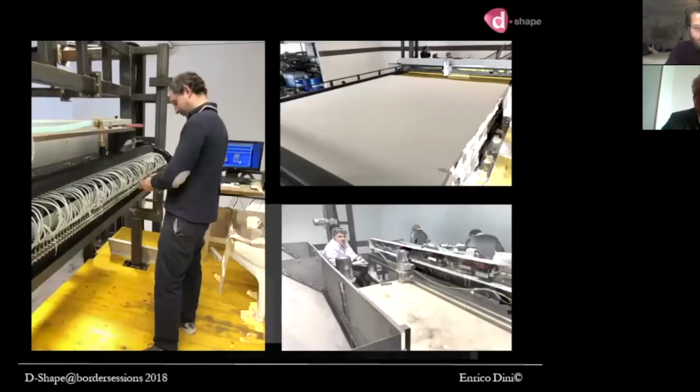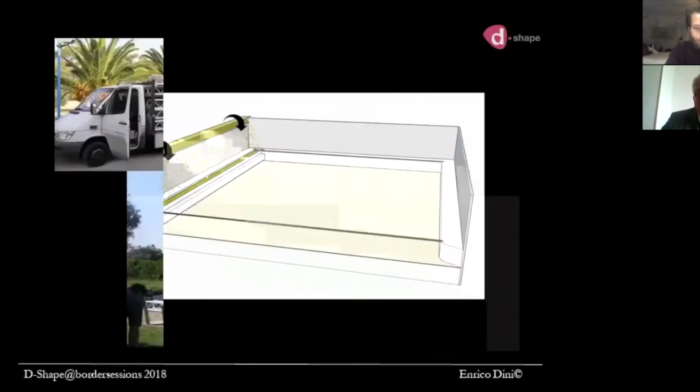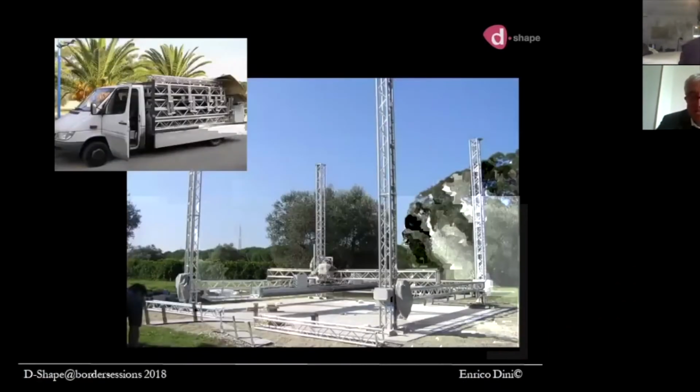Here it is. This is the experiment of assembling the 3D printer on site. This is a very historical picture, because I have given these presentations since 2007.